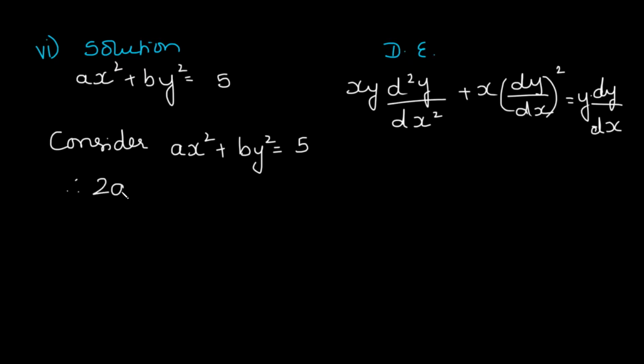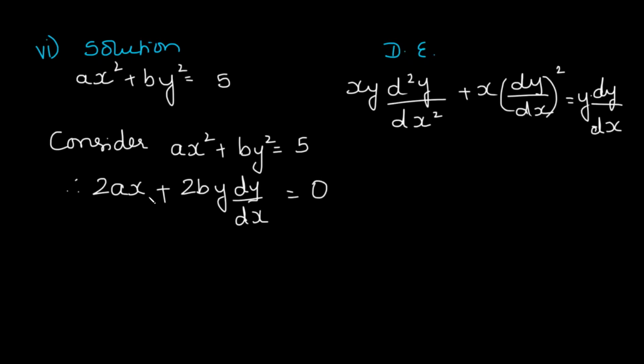So 2ax, upon differentiating, plus by², B is a constant, so b is written as it is. The differentiation of y² is 2y, and by chain rule dy/dx, is equal to 0, because 5 is a constant.